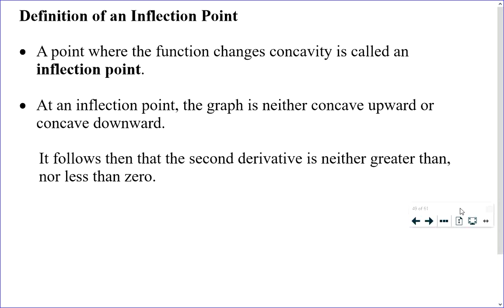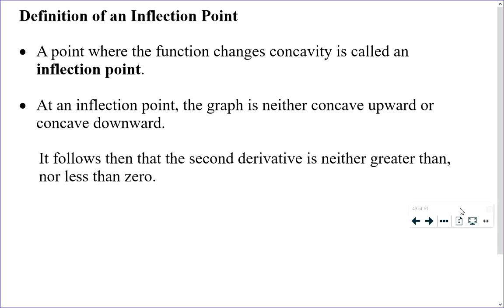What are the only other possibilities that a number could be? It could be positive, it could be negative, it could be zero. What else could it be? I shouldn't say number. The derivative could be undefined.